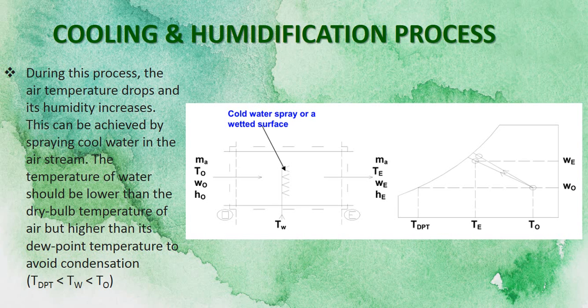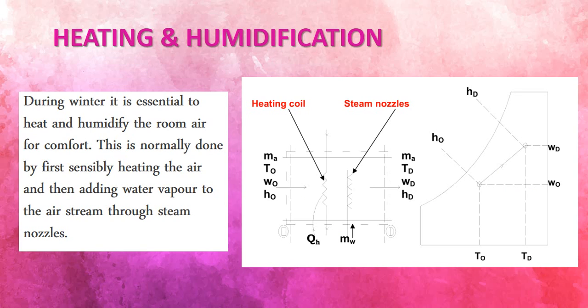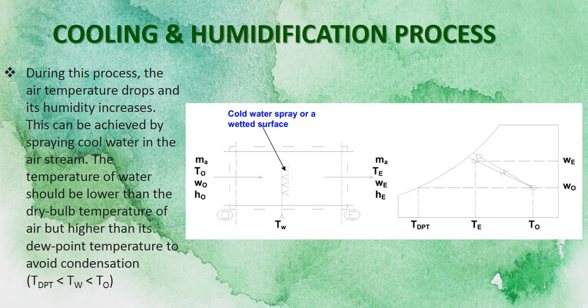Now, if there is cooling and dehumidification, there is also cooling with humidification. You cool it, but this time you humidify it. So we just alter a little of what was discussed in heating and humidification, changing it to cooling and humidification.